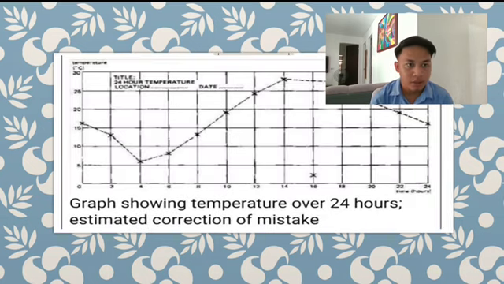In reality, the temperature will change more gradually, as indicated by the dotted line. That is why a smooth, continuous curve is made. The smooth curve represents the most realistic approximation of the temperature over 24 hours.